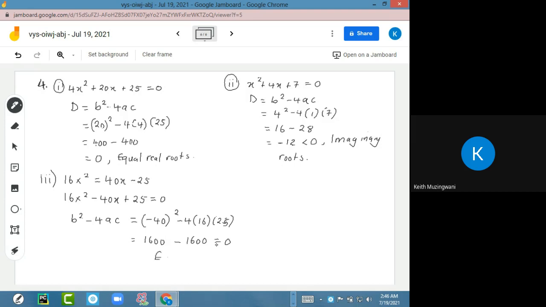So again, equal real roots. So you should do 4, because normally you find that the one you have left is the one that the examiner wants. So you should just do it when you're trying to see what's going on here.